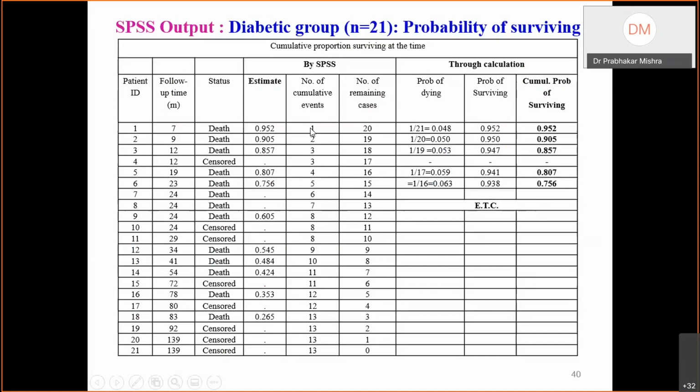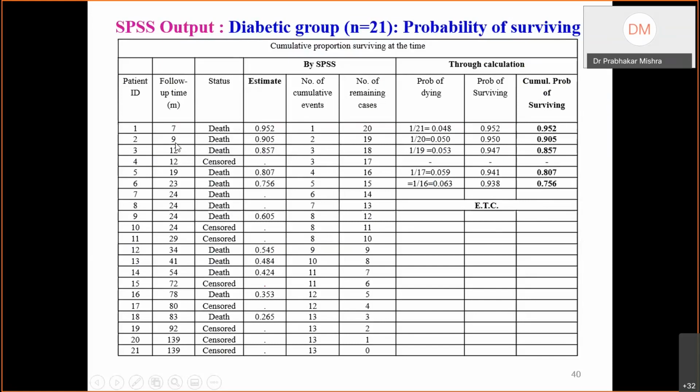It means in this group, out of 21 patients, 1 patient died, so the probability of death is 0.048 and the probability of survival is 0.952. After the death of the first patient, the cumulative survival probability of the remaining patients is 0.952.